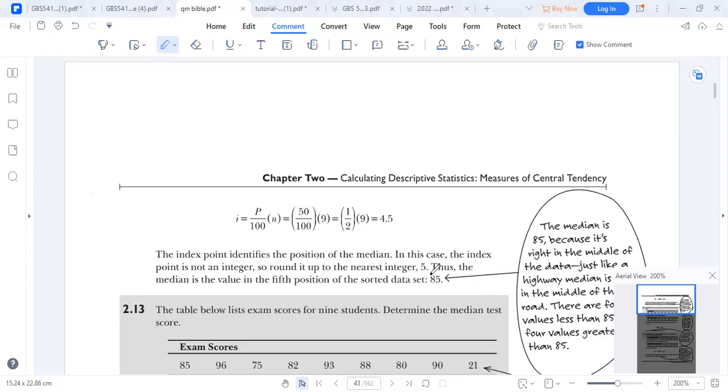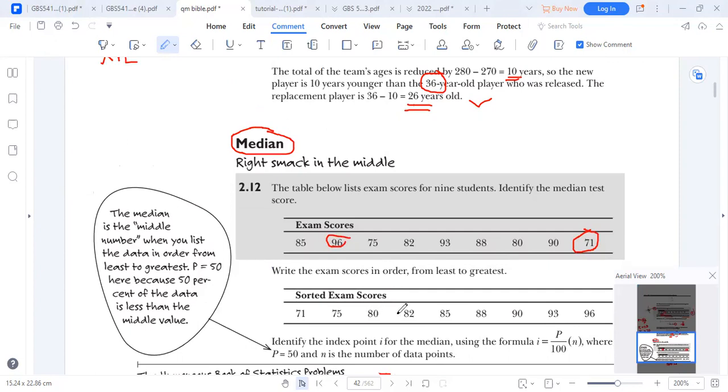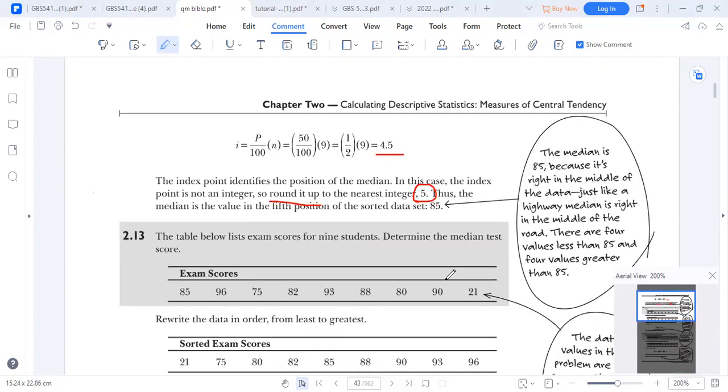Whenever we get a 4.5, we always round up. Even at 4.1, we round up. So we take the 5th number: 1, 2, 3, 4, 5, that is 85. The 5th number in this case is 85.